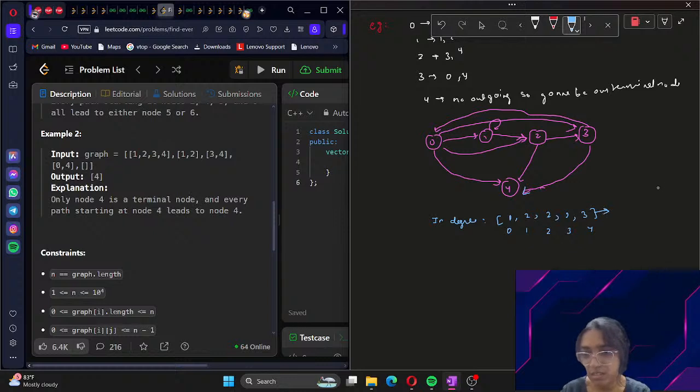Technically, this has no nodes of in degree 0.